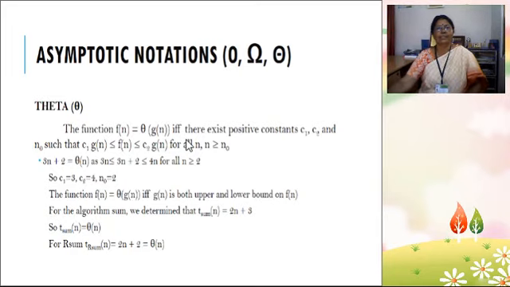So f of n is greater than or equal to c1 star g of n, and it is less than or equal to c2 star g of n for all n greater than or equal to n0. So f of n is equal to theta of g of n if and only if g of n is both upper and lower bound on f of n.